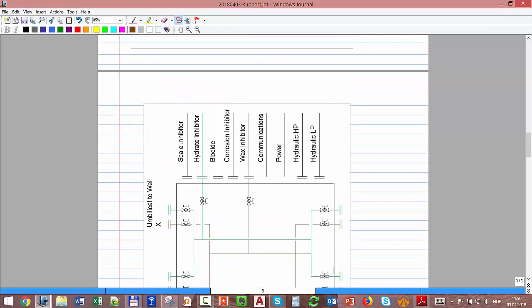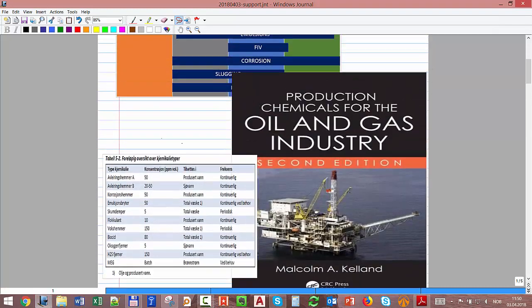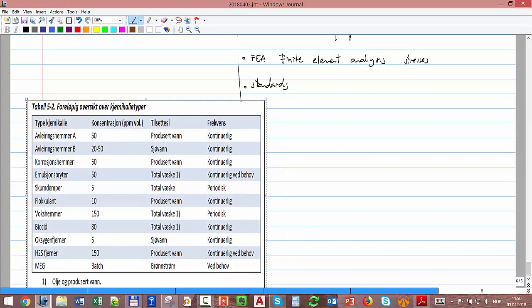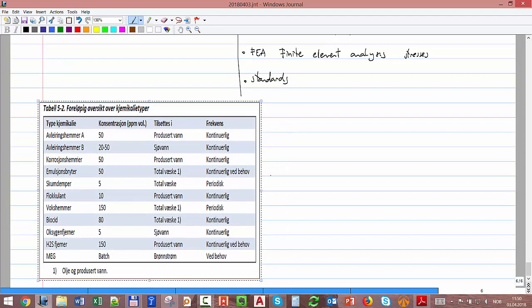I want to show just a figure of all the chemicals that we inject. That's for erosion, okay, all the kinds of chemicals that they are injecting. And here, the inhibitor: you have scale inhibitor A that you put in the produced water and you do it continuously. Scale inhibitor B, it tells you the concentration that you have to use, that you have to put in the seawater, and you have to do it continuously.